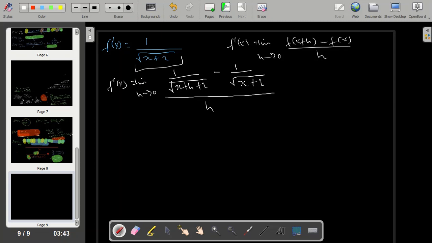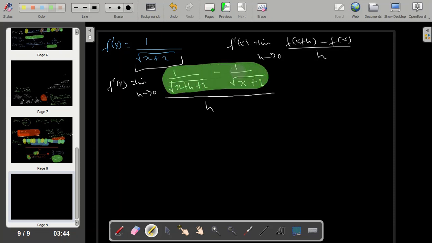So now you have two fractions on top. Like we did in the previous example, we are going to make them a single fraction.